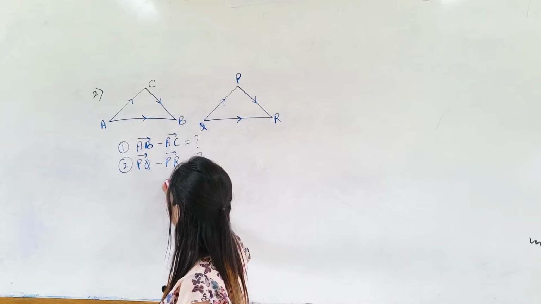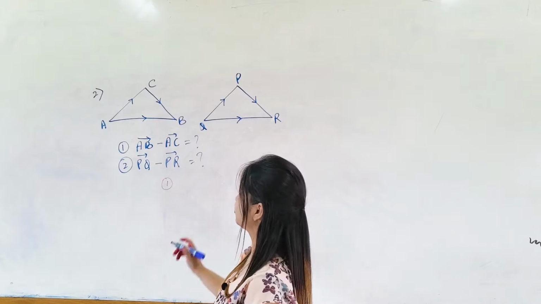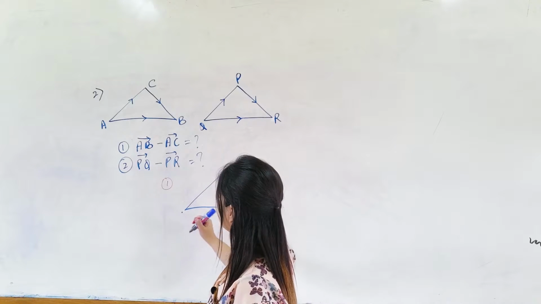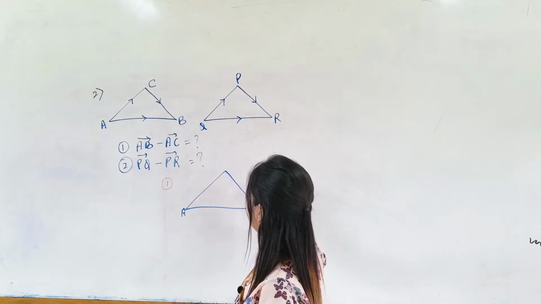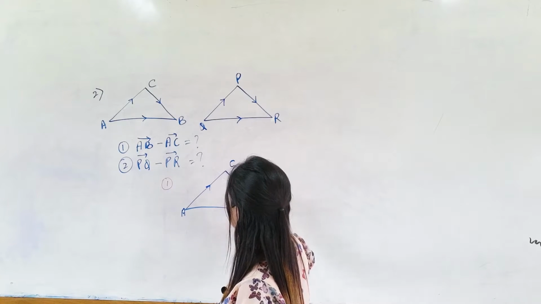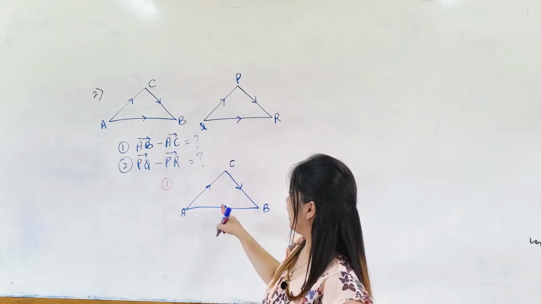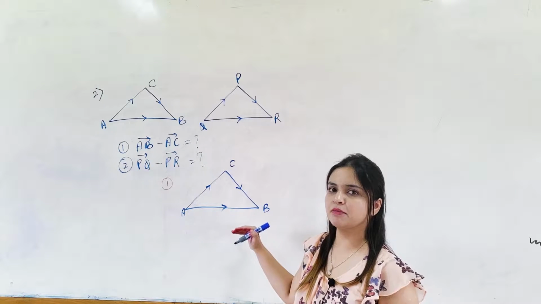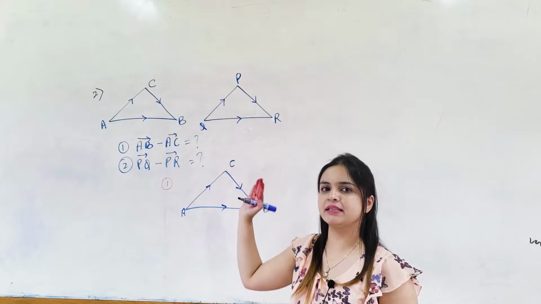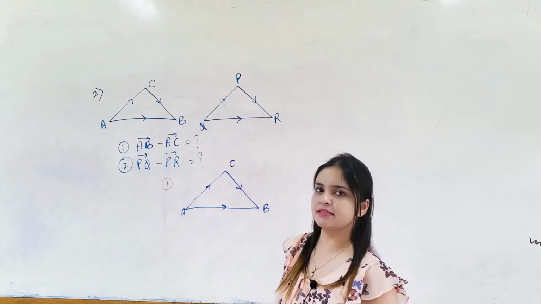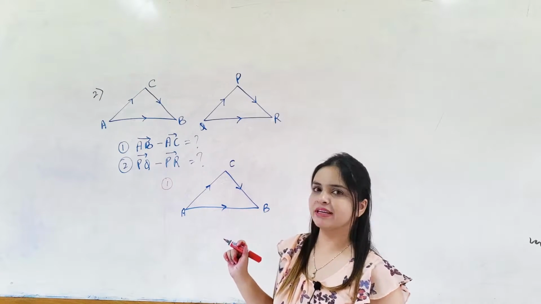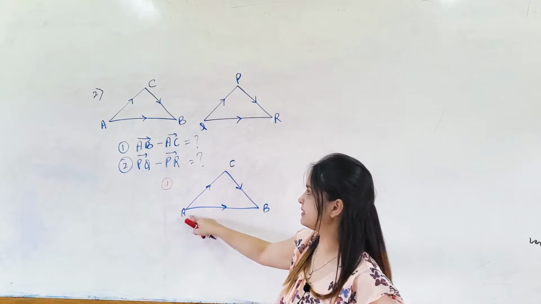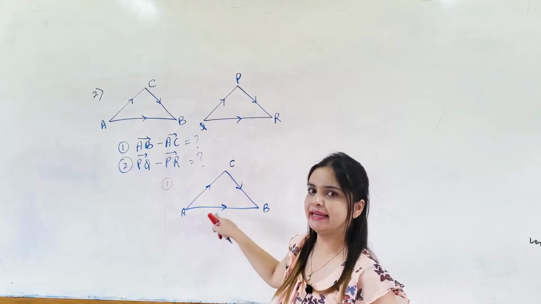Let's start. Look at the first triangle. This is my first triangle. This is A, B and C. Okay. Now, using the triangle method, the resultant is the sum of any two sides which are going in the same direction. So from this diagram, you can see which two vectors are going in the same direction. We have three vectors, AC, CB and AB.